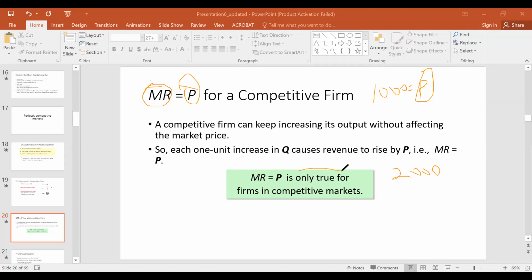It is only true for firms in a competitive market. It's not true in any other market structure. Please remember, the unique thing about this market is that prices are fixed, and as a result, marginal revenue is equal to price. Please remember this all the time.